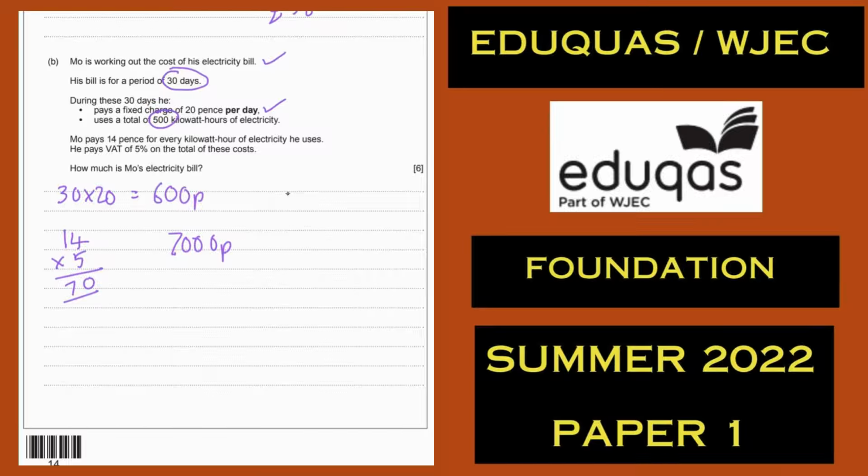He pays VAT on 5% of the total. Total means add. Adding them, we're getting 7,600 pence. 10% means divide by 10, take a naught off. 5% is halve that.